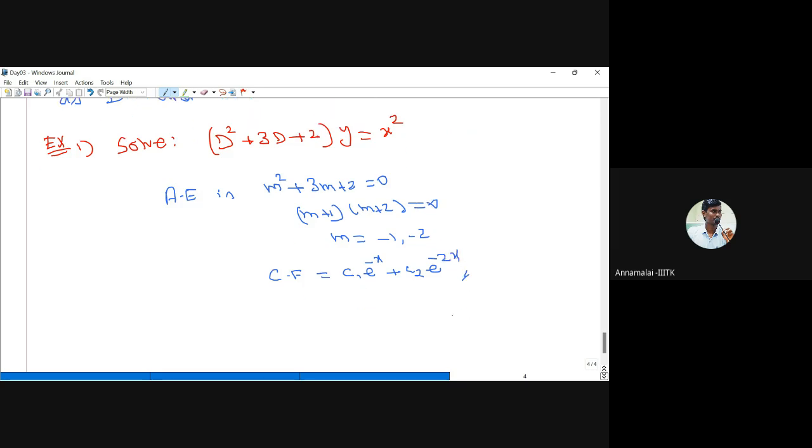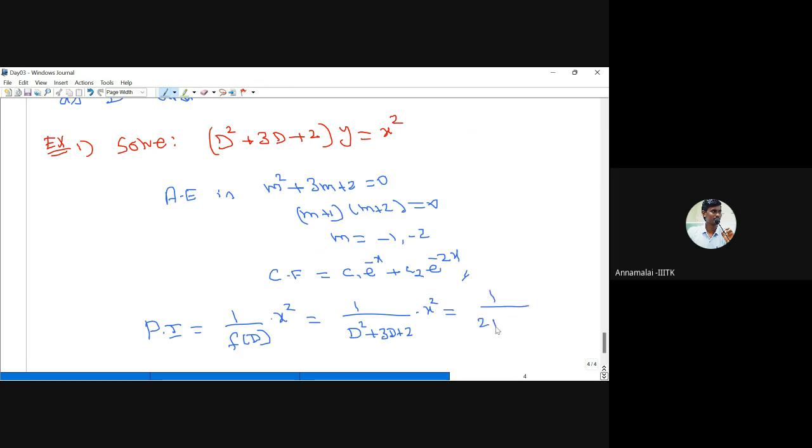Now the particular integral. So the particular integral is 1 by f of D into x square. But what is f of D? It is D square plus 3D plus 2, into x square. So first you have to write it in ascending order.